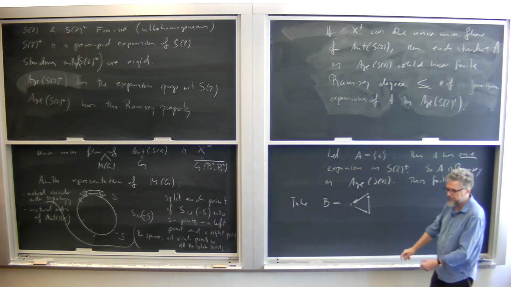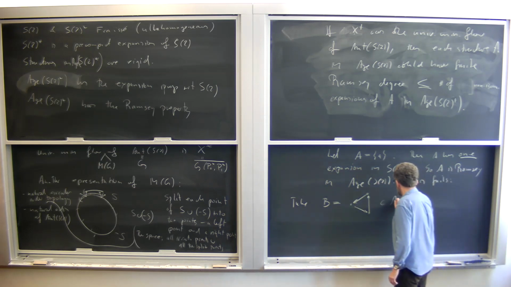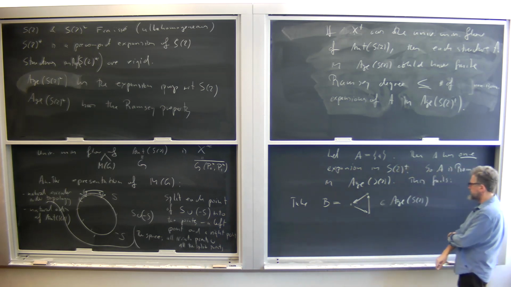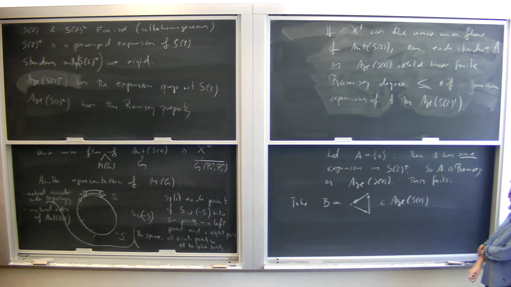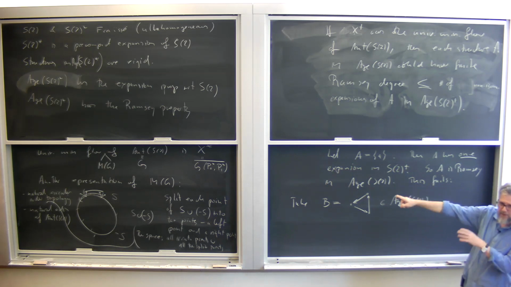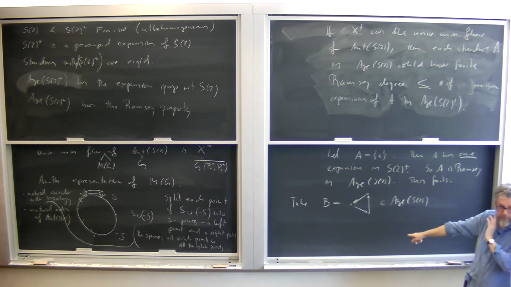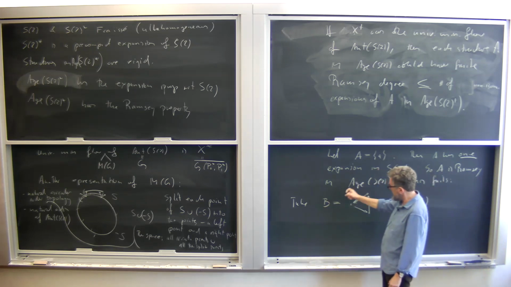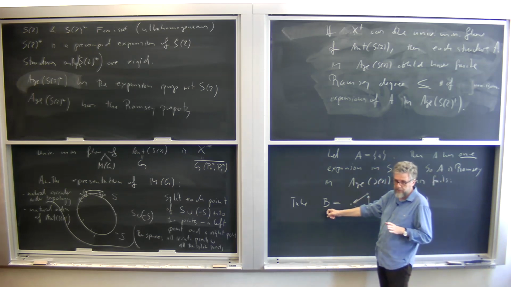It's a substructure. This clearly is an H S of 2. And I will use now this P0 and P1. I've now forgotten that I had them. I will use them to color points. So this is the B. For that A, this is the B for which Ramsey will fail.